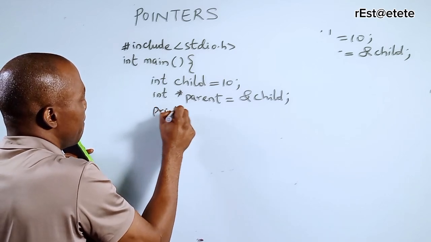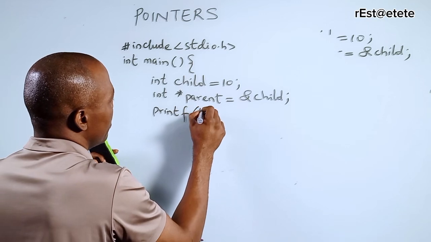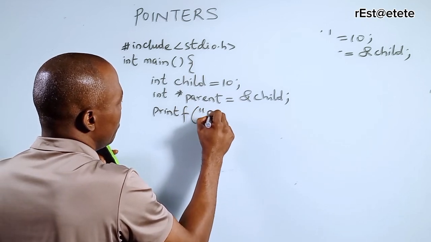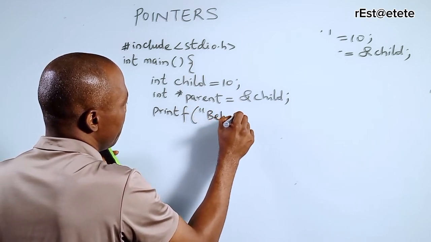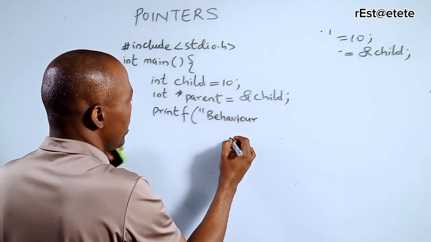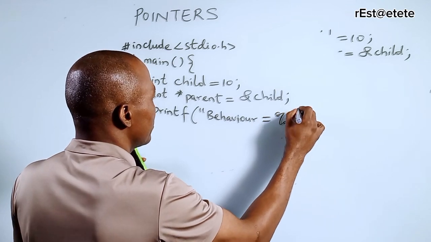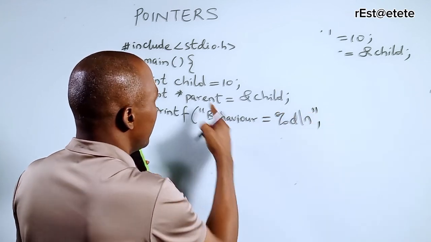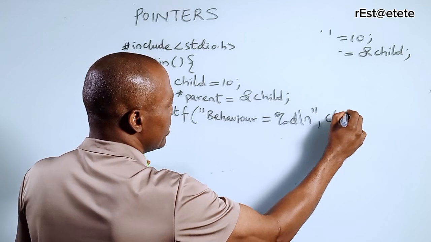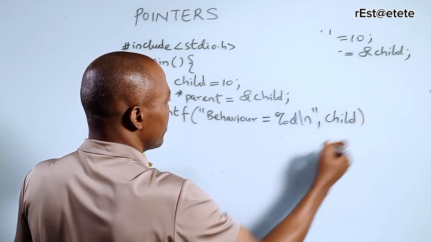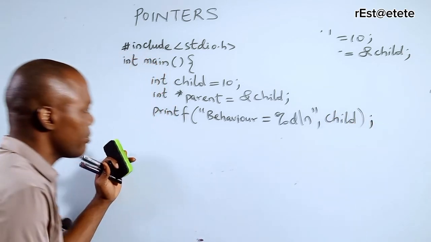Now, if I say printf behavior equals percentage d slash n, and then I'll supply child to it, right? I can do this.